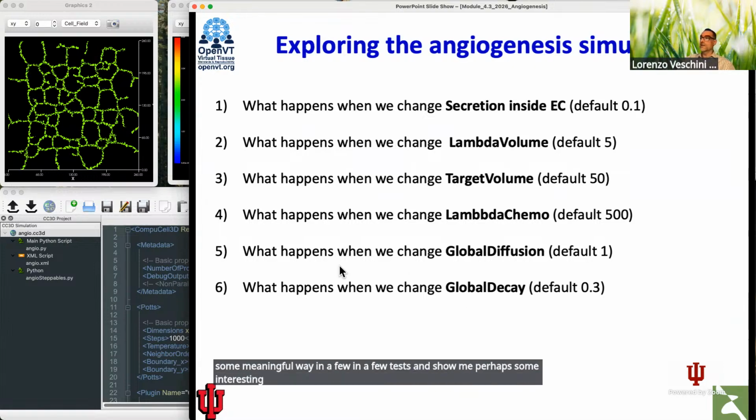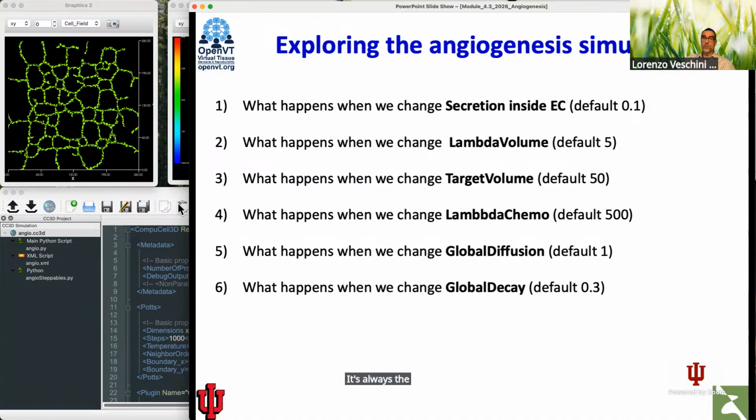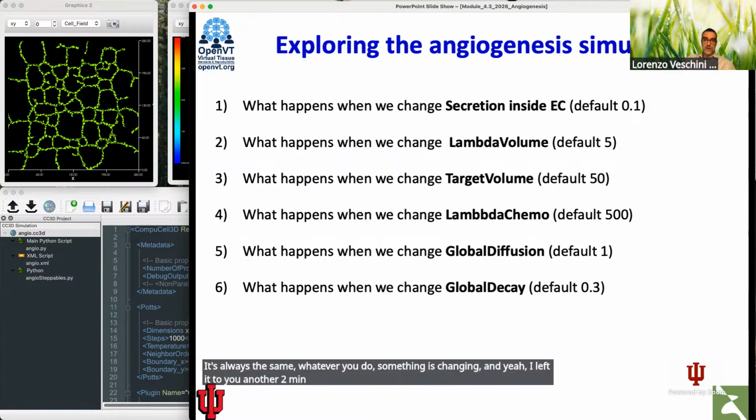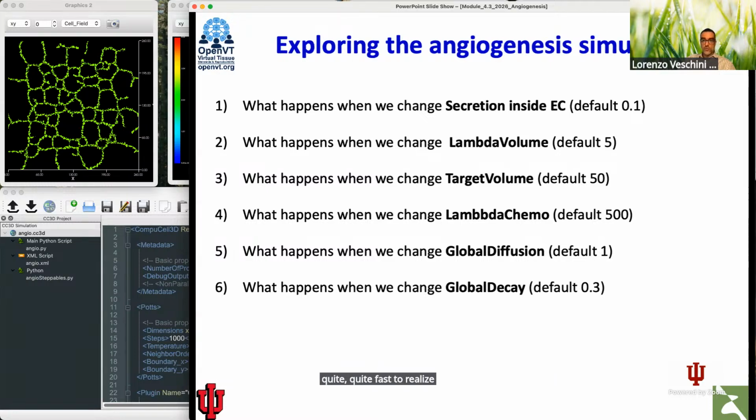Do you always see the same thing happening? It's always the same, whatever you do, something is changing. I'll give you another 2 minutes because this is quite fast to do if you have the simulation running.